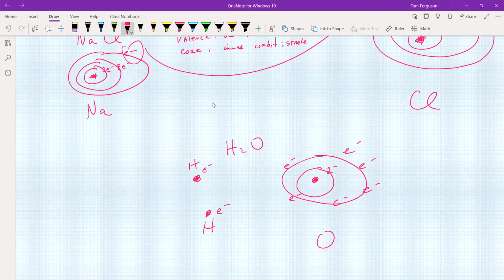So what's going to happen is oxygen is going to share the hydrogen's electron. So collectively, we have 1, 2, 3, 4, 5, 6, 7, 8 collectively. The word covalent means co means share, valence referring to the valence orbital. So covalent molecule doesn't transfer electrons, it shares electrons.